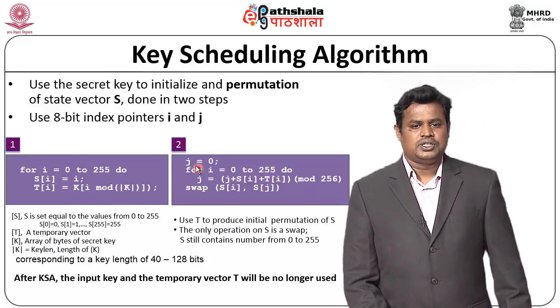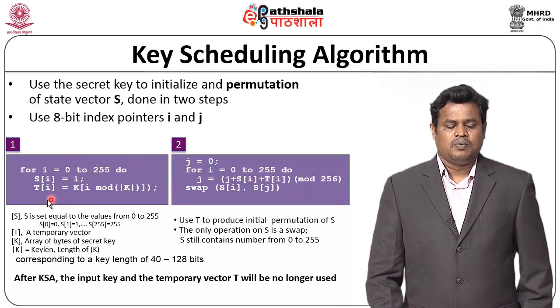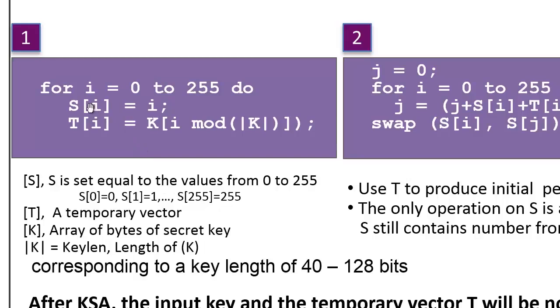In the first part, for I equal to 0 to 255, do S[I] = I and T[I] = K[I mod K length]. We know that K length is the length of the key, which is a byte array of your secret key.